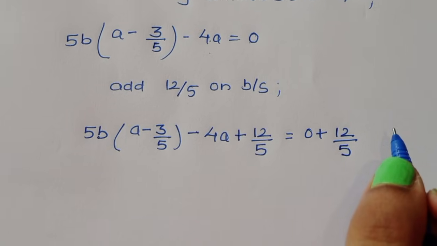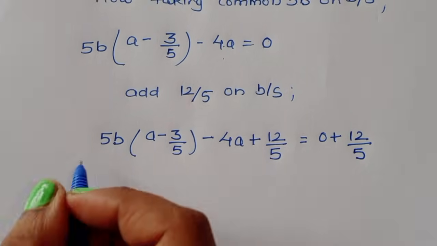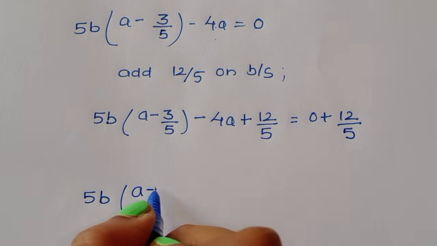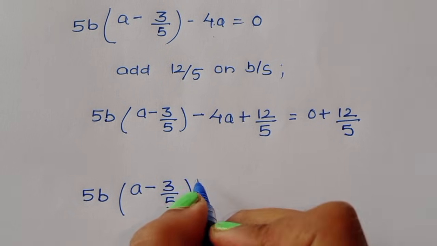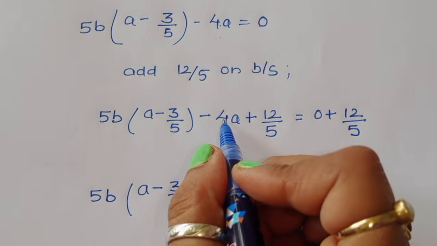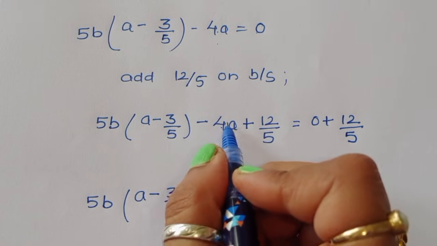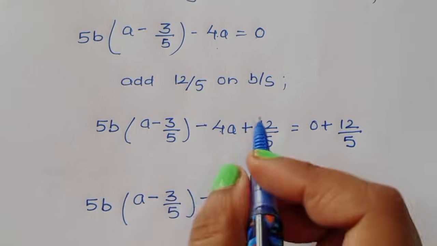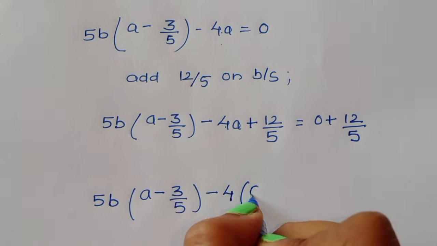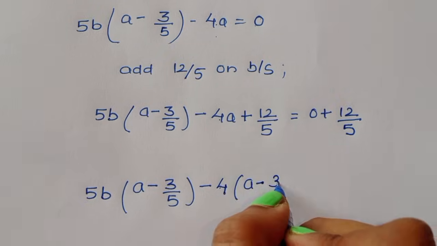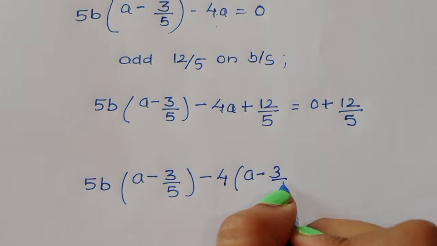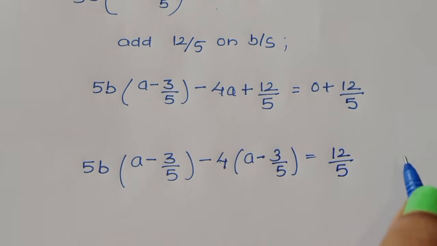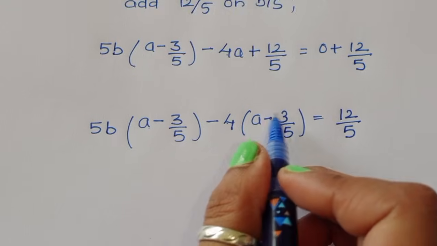Now taking 4 common, 4 threes are 12, minus minus plus, so a minus 3 upon 5.